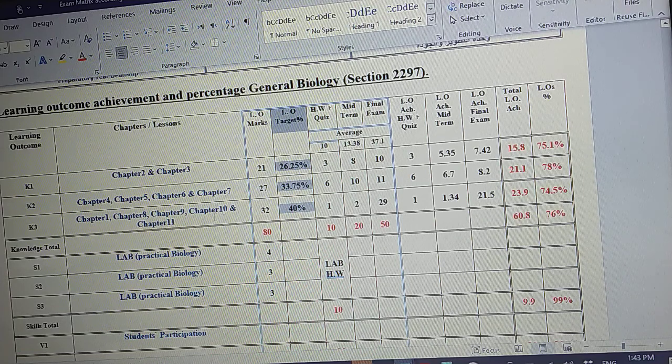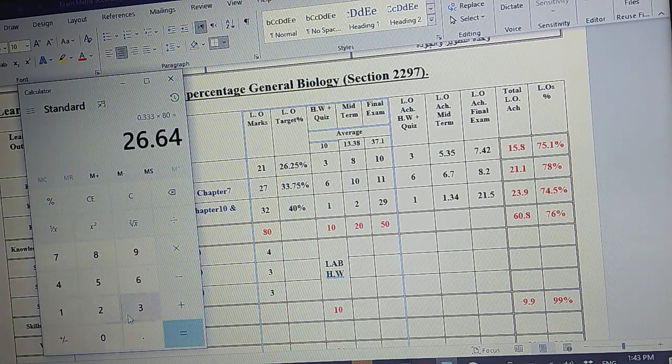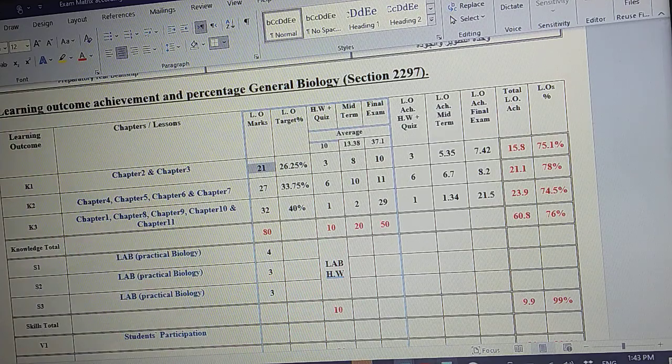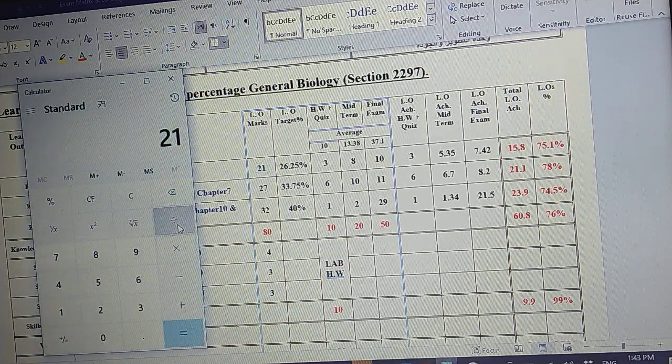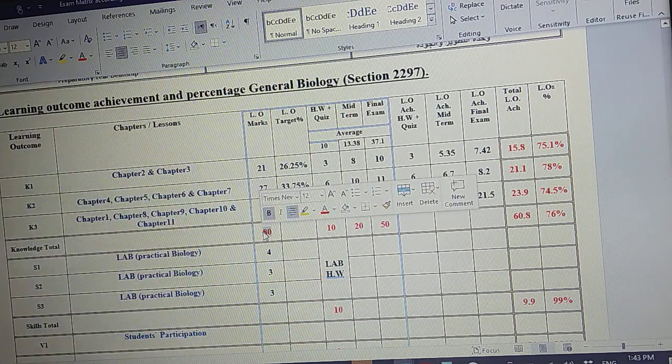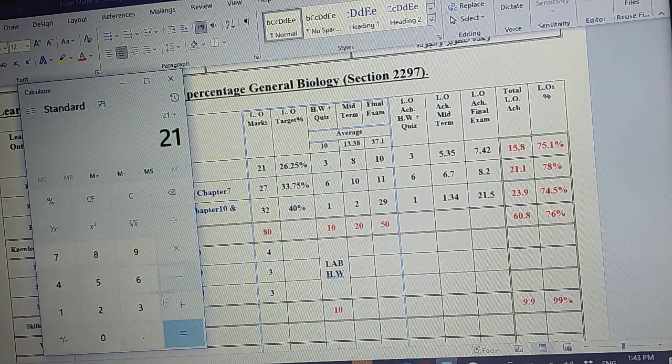How am I going to calculate this percentage? I will just divide each learning outcome mark by the total course mark times 100.